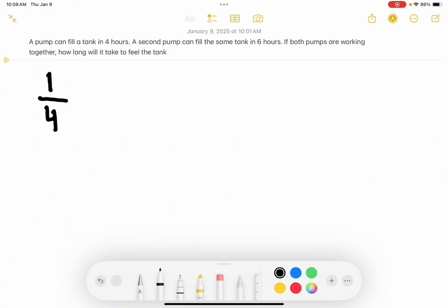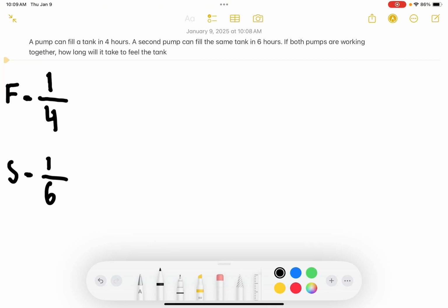This is the first pump, so we put F for first. The second pump fills 1 out of 6 in 1 hour.